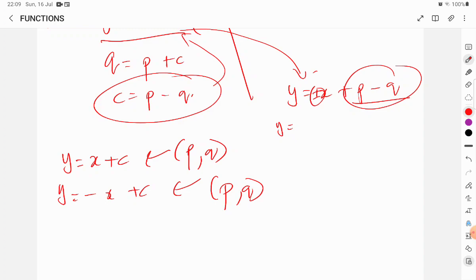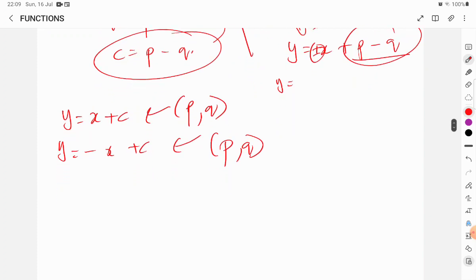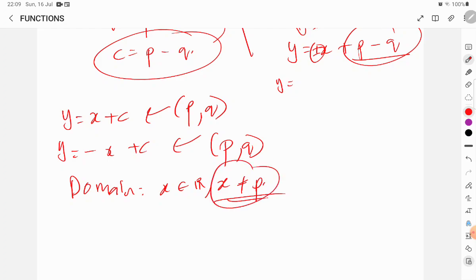Now let's move to talking about how we find the domain and the range. This is definitely very simple. Your domain is in terms of x values, so x is an element of real numbers. But there's one thing that x is not equal to: x is never equal to p, which is your vertical asymptote.